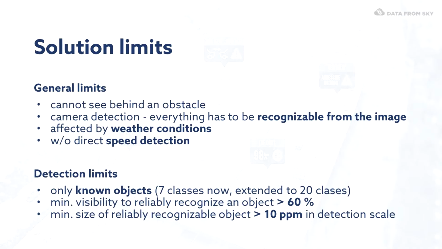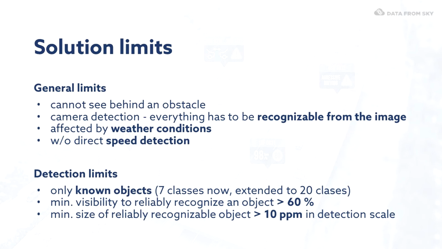As Pavel already mentioned, Flow is an optical sensor which has its advantages and disadvantages, as any other technology. Here are some limits of the solution. For example, we cannot see behind an obstacle, which is quite obvious. We can see only what we can recognize from the image, so a fallen object is very difficult to recognize from an image. The sensor is affected by weather conditions.